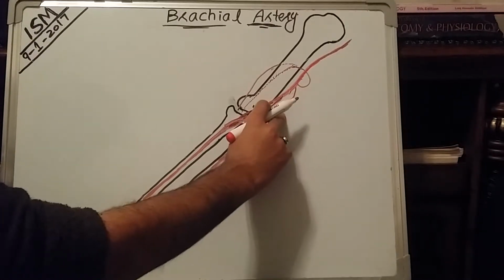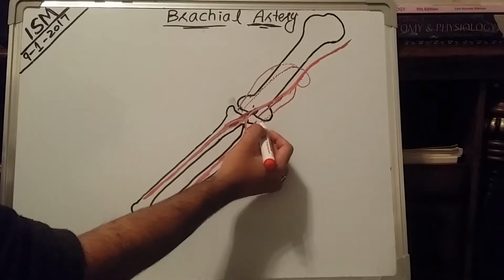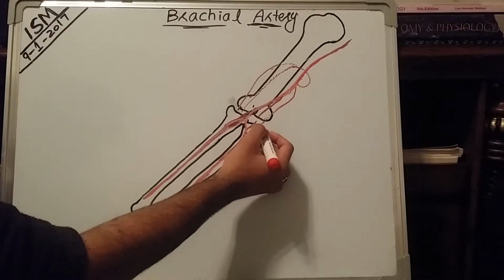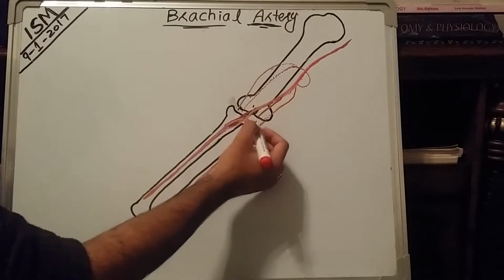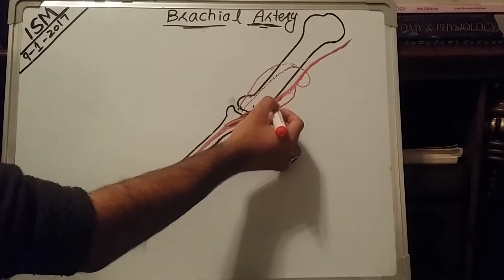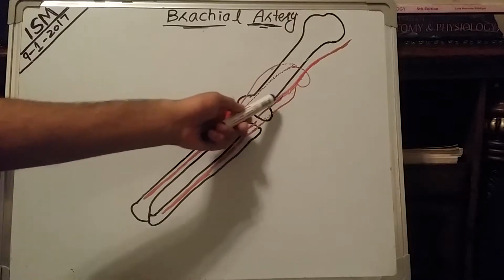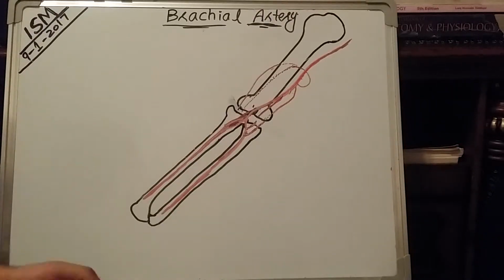This is the superior ulnar collateral artery, and it forms an anastomosis with the posterior ulnar recurrent artery.